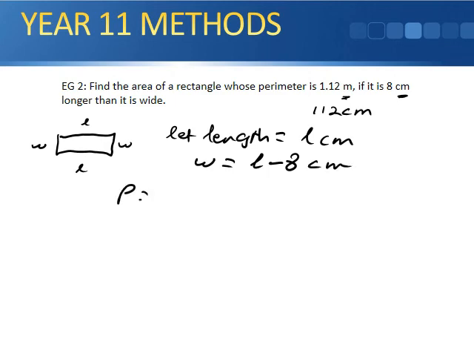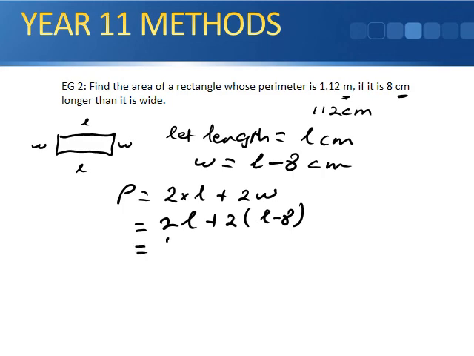Now the perimeter of a rectangle, I know, is 2 times the length plus 2 times the width. I know my length is L, so I've got 2L, and my width is L minus 8. When I work this out, I get 2L plus 2L minus 16, so we get 4L minus 16.